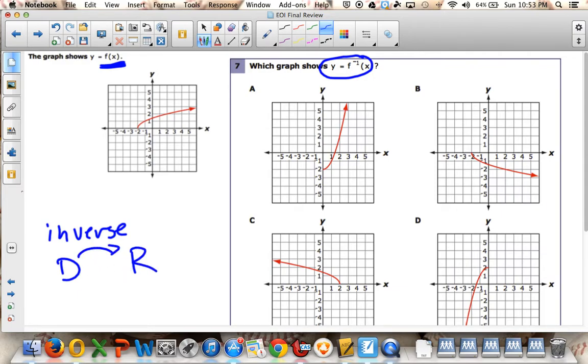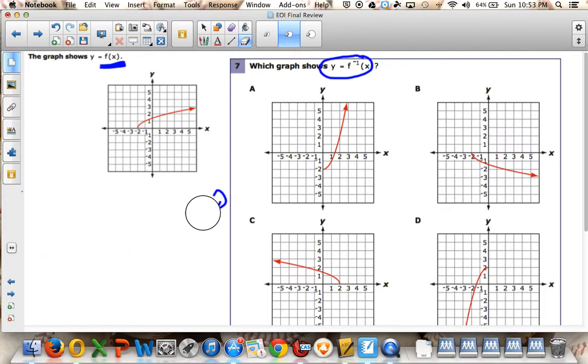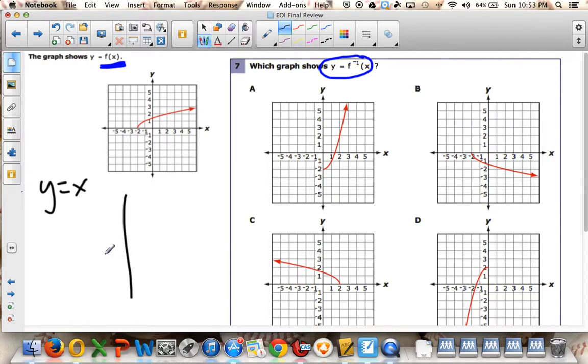The domain goes to the range, the range goes to the domain, which is basically my x and my y switching. The x goes where the y's are, the y's go where the x's are. Okay? A visual way of seeing this is to actually graph the y equals x line. If I were to graph y equals x, that is a line, that is a 45-degree angle, just like this.